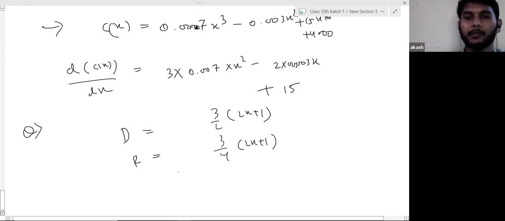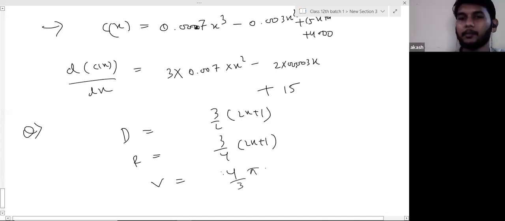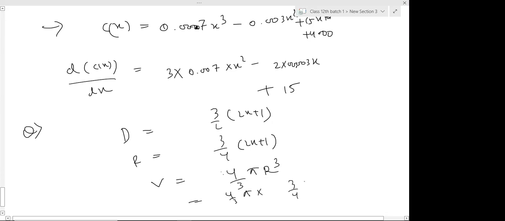What is the volume of a sphere, Shikani? Shikani, volume of the sphere? 4/3 pi r cube. So 4/3 pi r cube, where r is 3/4 (2x plus 1).